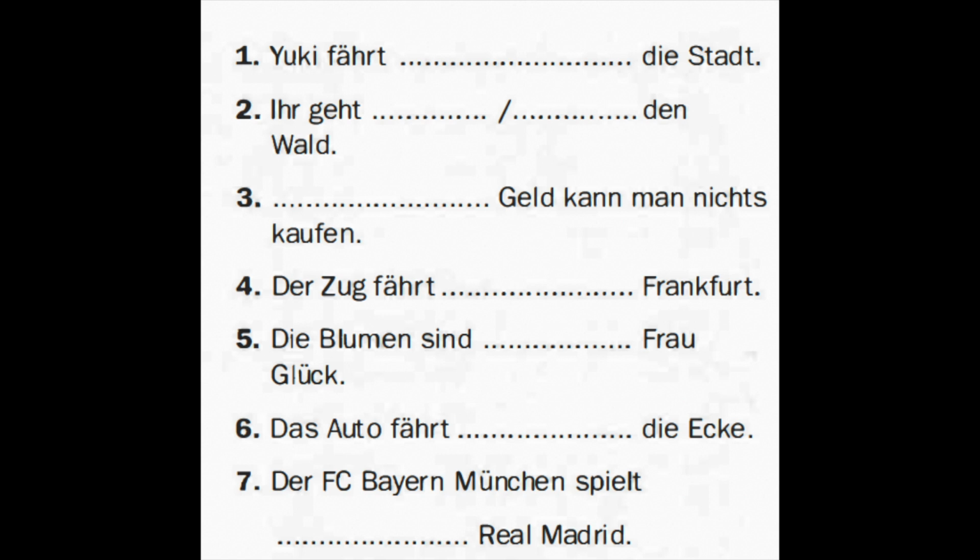Ihr geht in den Wald. Anything else? Yep. Ihr geht durch den Wald. Nummer 3. Ohne Geld kann man nichts kaufen. Which is true. 4. Der Zug fährt bis Frankfurt.